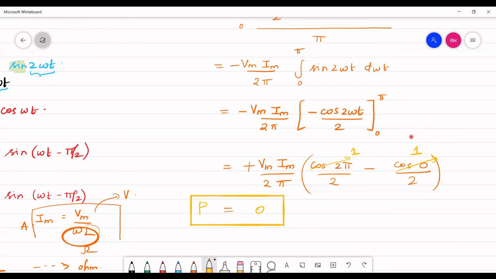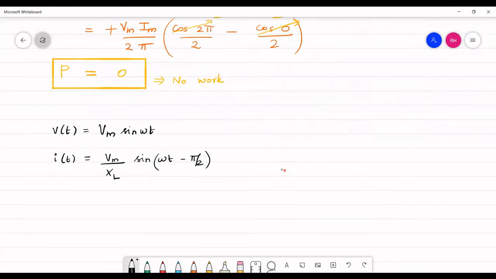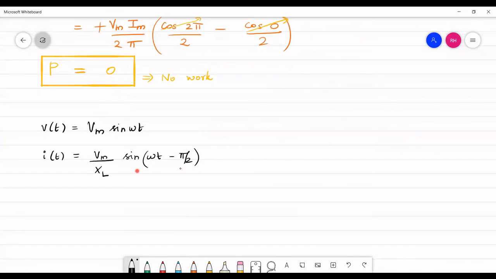Average power in an inductor is 0 indicates that no work is done, no useful conversion of energy is done in an inductor. Instead, whatever energy we feed is being saved in an inductor. And now let me draw the phasor diagram. So these are the expressions of voltage and current.